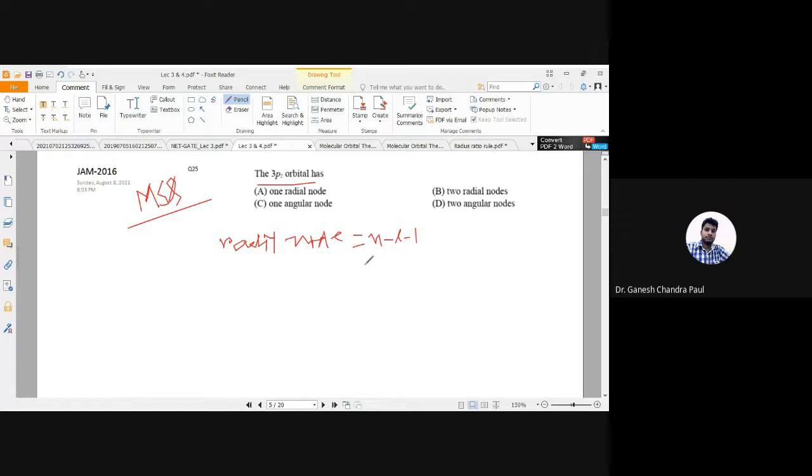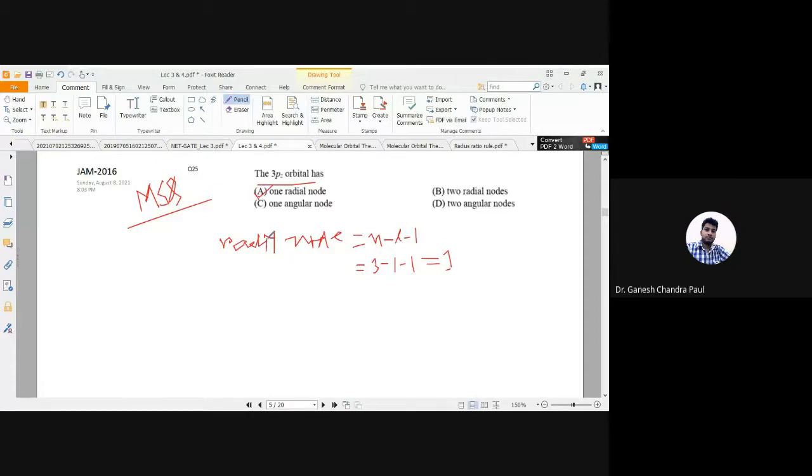In case of 3pz orbital, what is the value of n, the principal quantum number? It is 3. Now for any p orbital, what is the l value? It is 1. So minus 1, therefore the answer is 1. Therefore, 1 radial node is there.